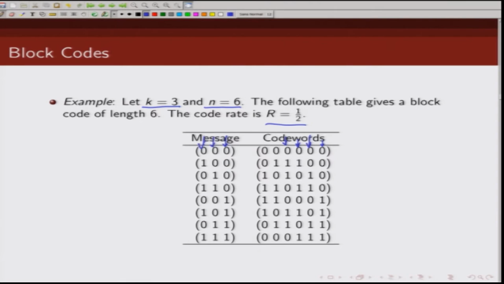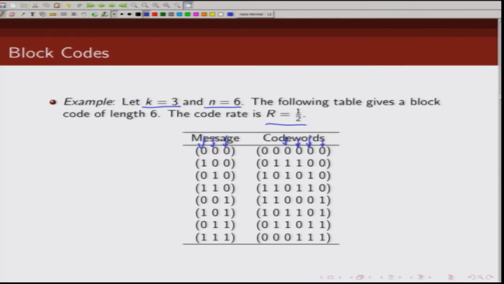So if we do XOR of these two, look at this, 0 plus 0 is 0, 1 plus 0 is 1, 0 plus 1 is 1, 1 plus 1 is 0. We are talking about binary addition over binary field.